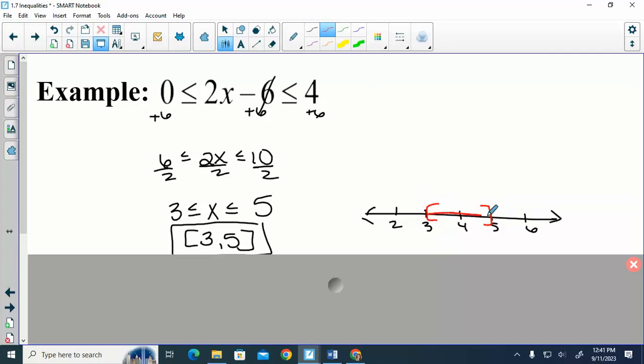We just put those facing each other and we're dealing with the middle. All right. Is this okay?